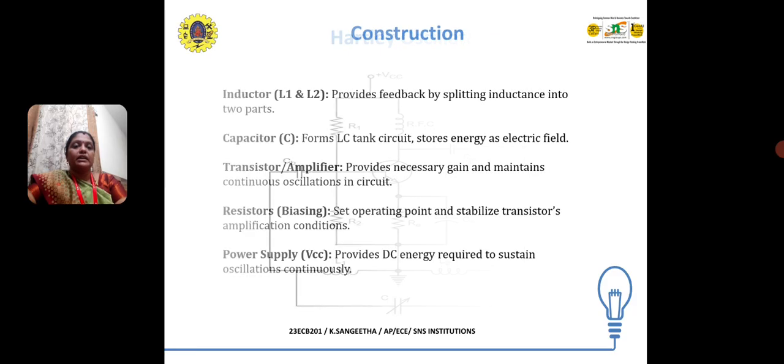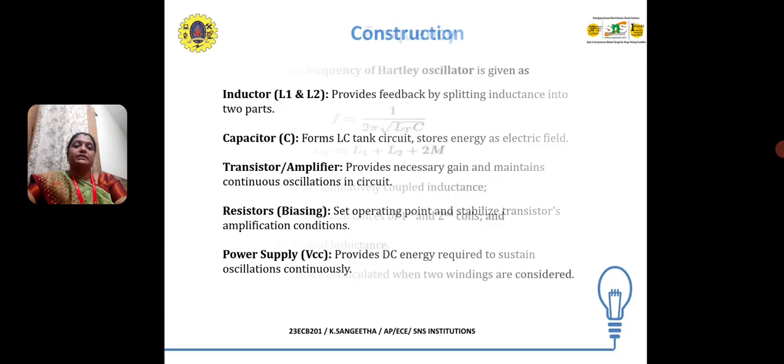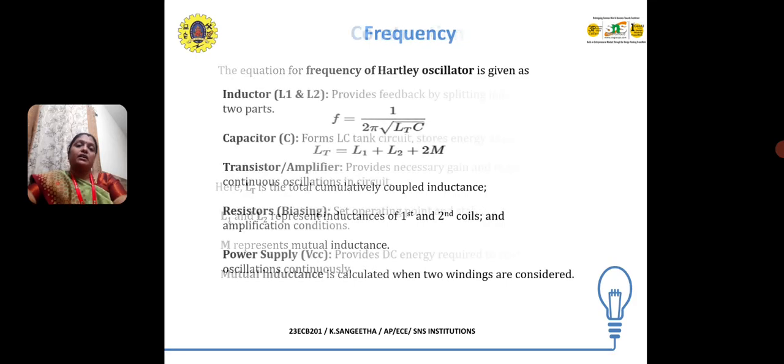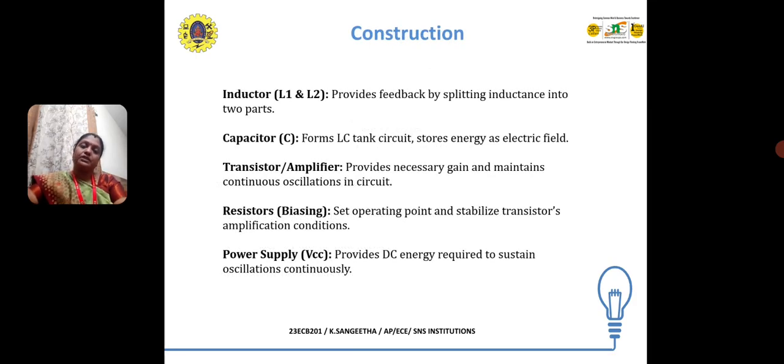Let us discuss the operation. The tank circuit produces oscillations because of thermal noise produced in the circuit components. This noise is given as the input of the transistor through the base, and the signal is amplified.